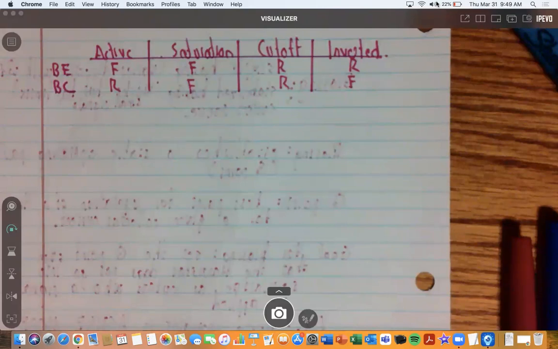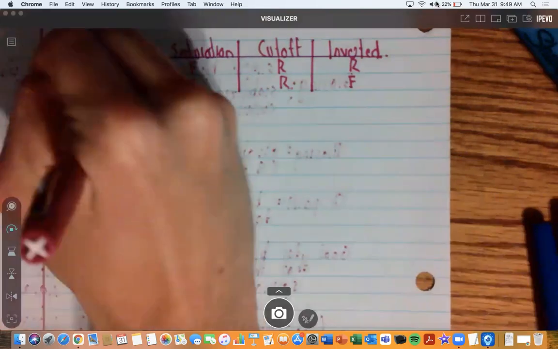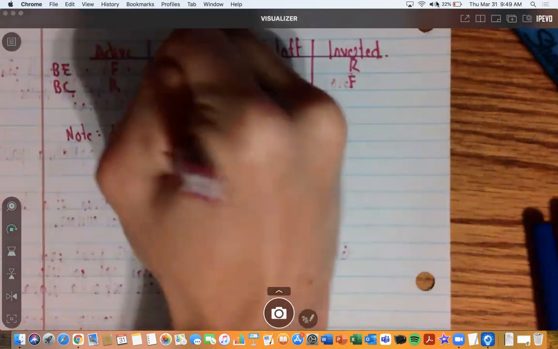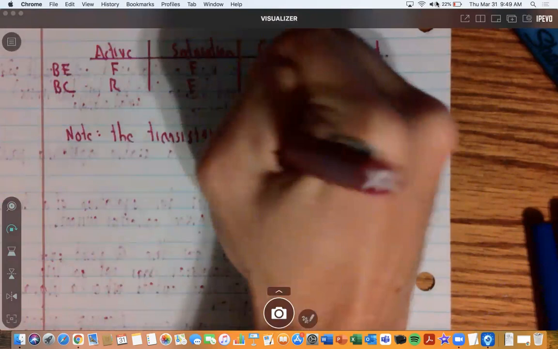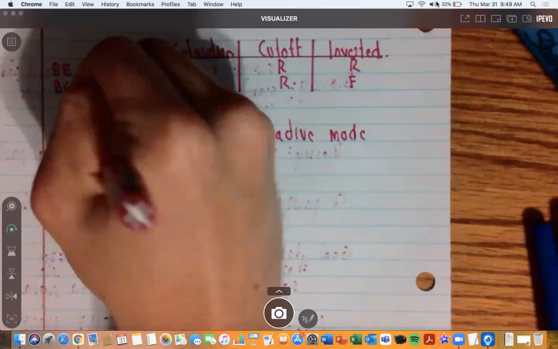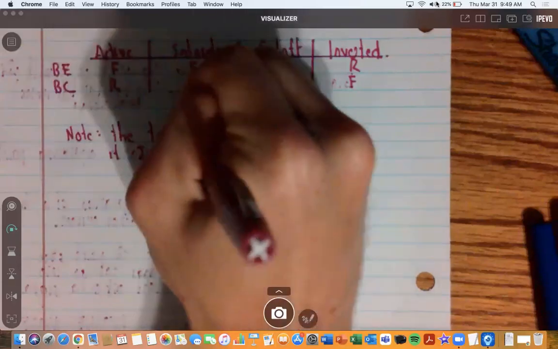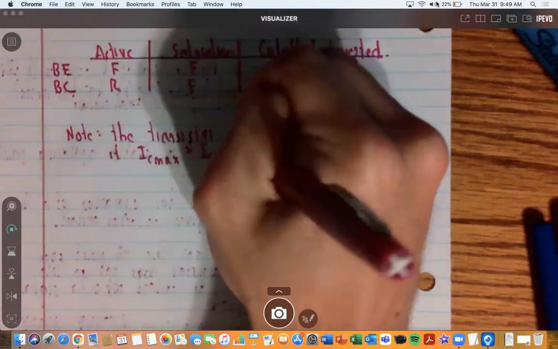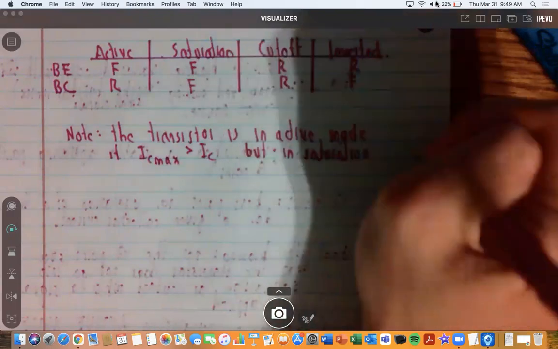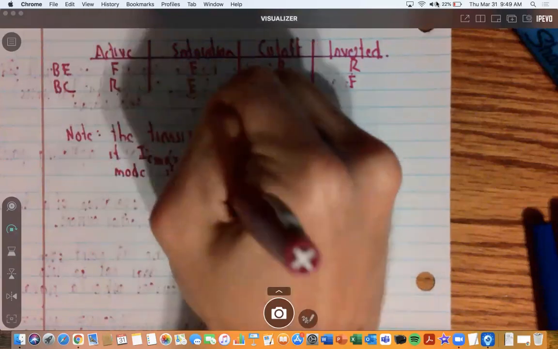And so I like going by: the transistor is in active mode if IC max is greater than IC, but in saturation mode if IC max is less than IC.